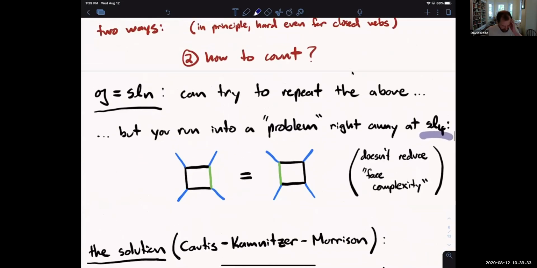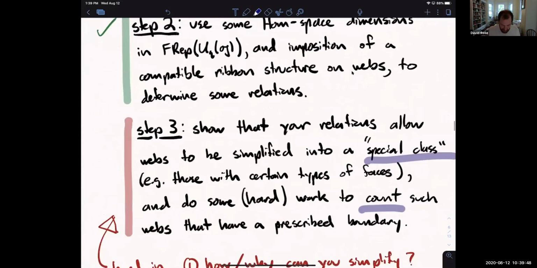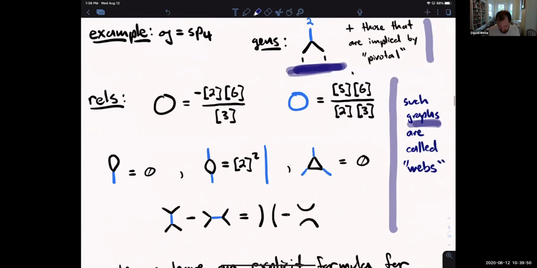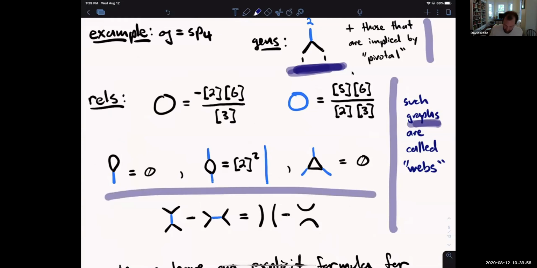Some attempts at this SL4 were done in work of Dong-Sok Kim, also in work of Scott Morrison. And one problem that you run into is, when you looked at this list of relations earlier, it was sort of obvious that some collection of these relations look like they're simplifying some measure of complexity on the graph.